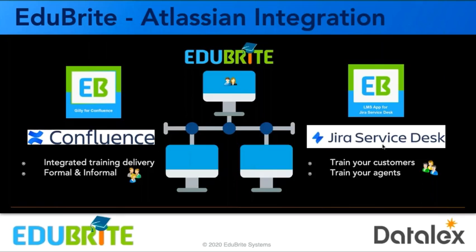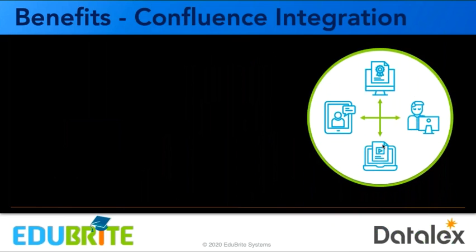If you can provide an integrated training delivery experience right within the Confluence environment, so users are inside Confluence and can have their own training dashboard right there, and you can deliver not only formal training but also informal training, then it provides a wonderful experience. So these are the two integrations which EduBrite supports. And today the focus is going to be on the Confluence integration, which we are talking about with Jeff.